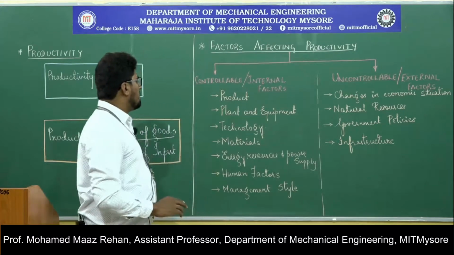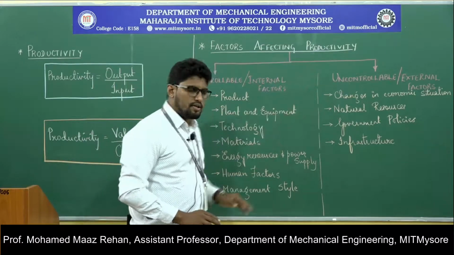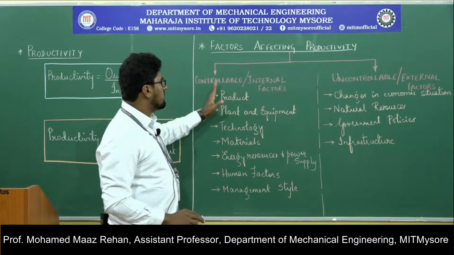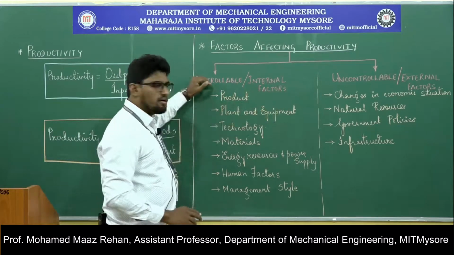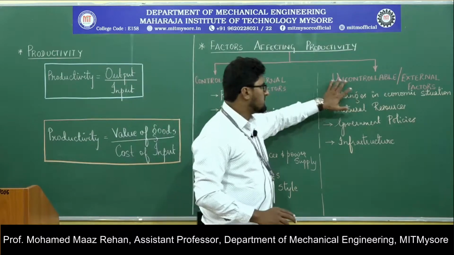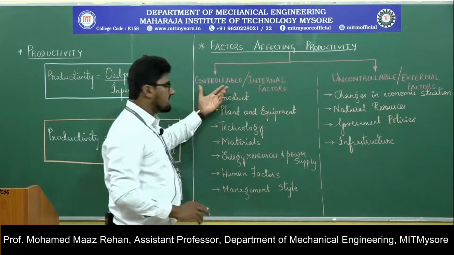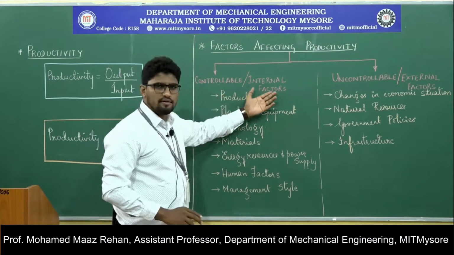Next, we shall move on to the different factors that affect productivity. Under this, we have controllable or internal factors and uncontrollable or external factors. What exactly are controllable or internal factors?